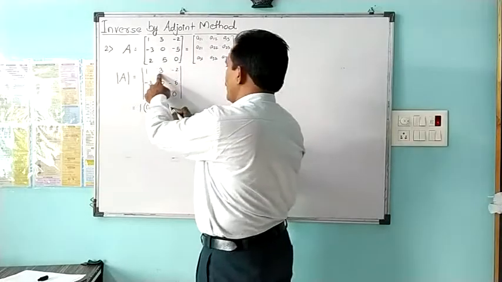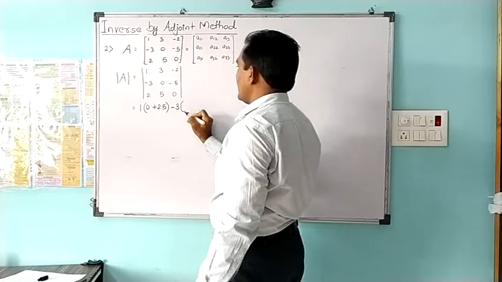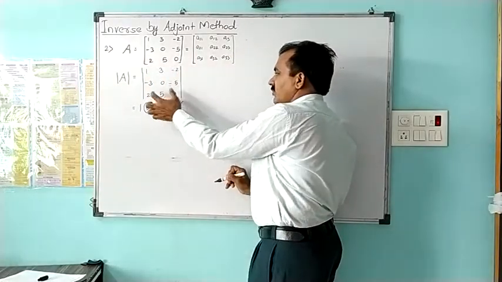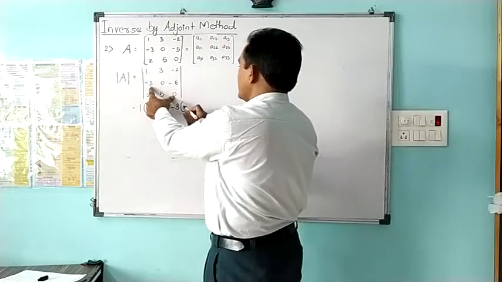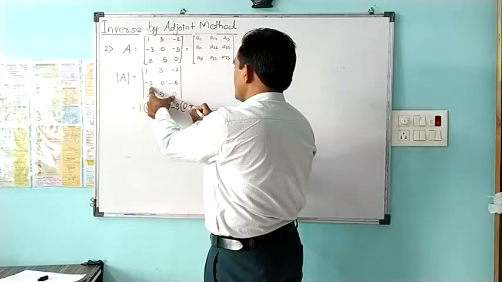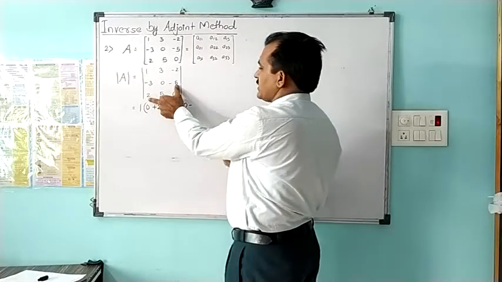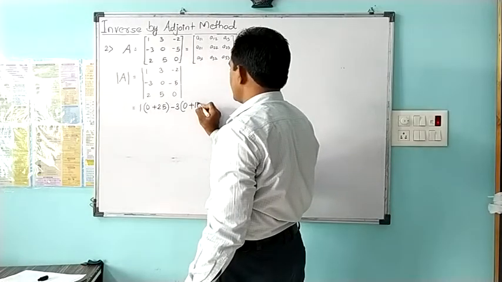The second number from the first row is attached with a minus sign by formula. Eliminating the first row and second column, the 4 elements give the cross as minus 3 into 0, 0, minus, by formula, and the next two numbers give the product as minus 10. With this minus it gives plus 10.